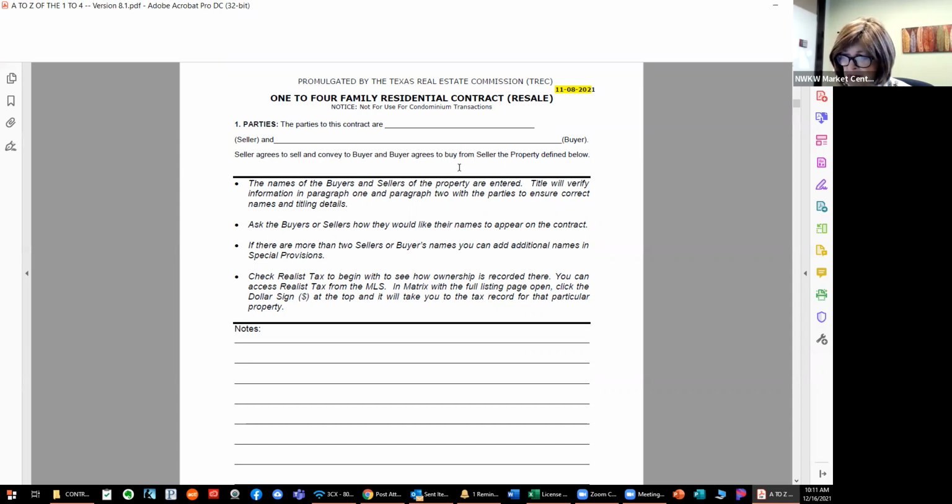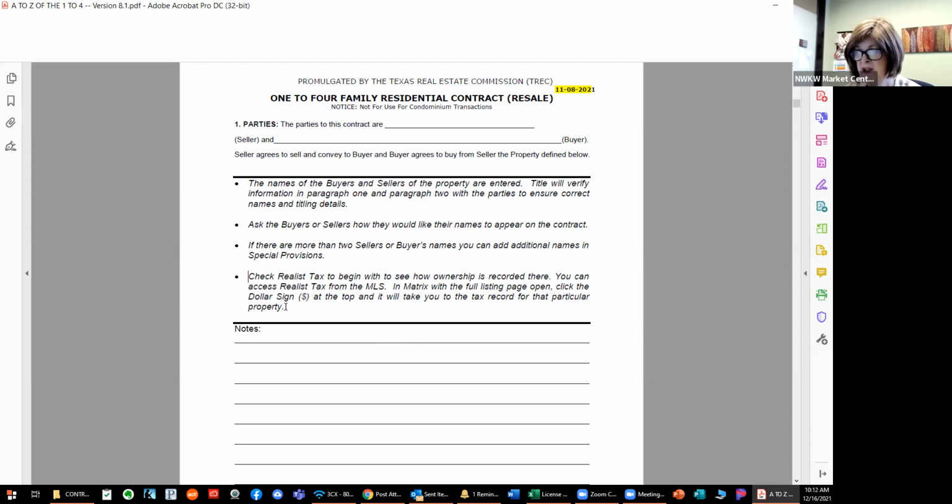So this is all about the people involved. I've just got a few little notes about that, and where you can check to see what people should be on this contract, or this offer rather. Sometimes you'll see people's names aren't on the Realist tax record. Then that's an opportunity to talk to the agent and say, how come so-and-so's name isn't on here? And I understand in the listing it shows it should be a different owner or something.